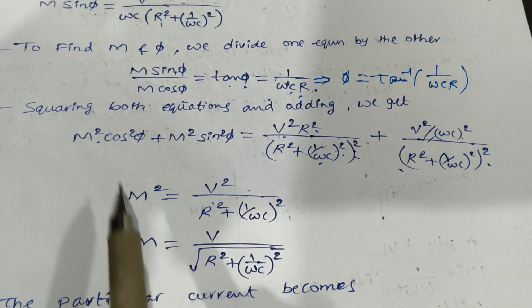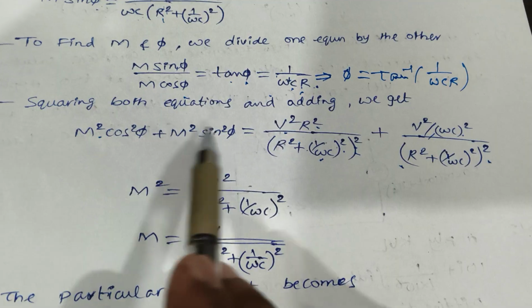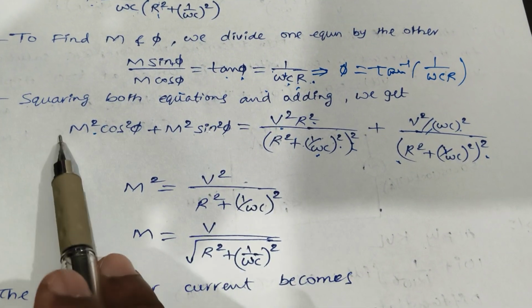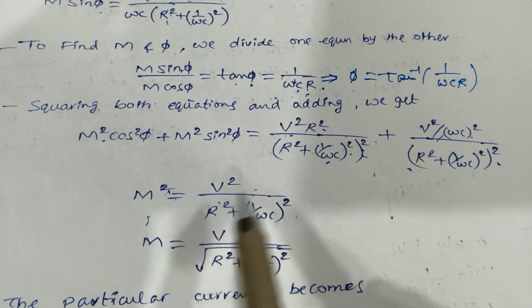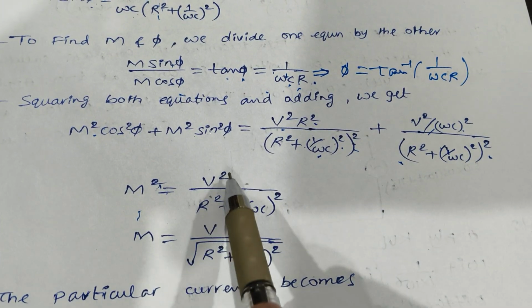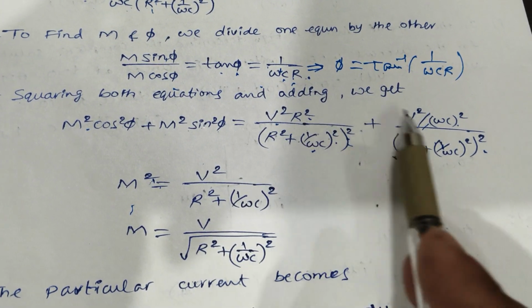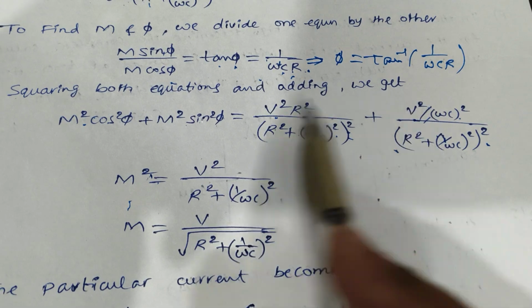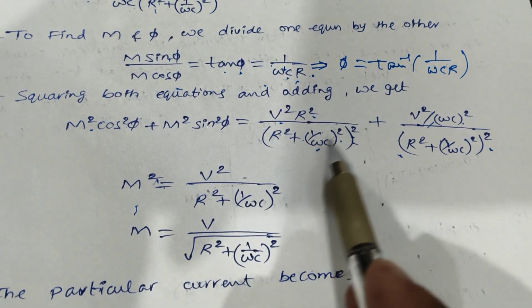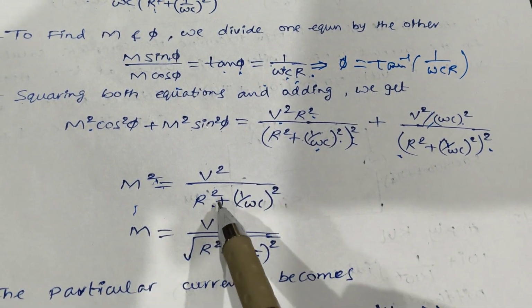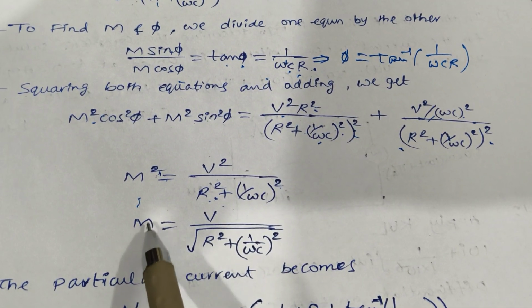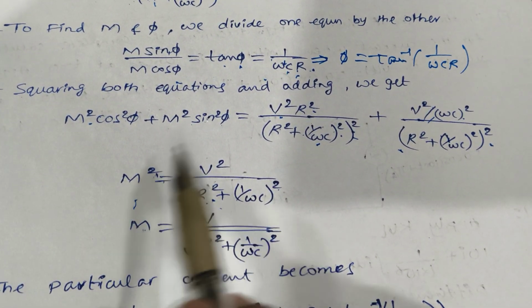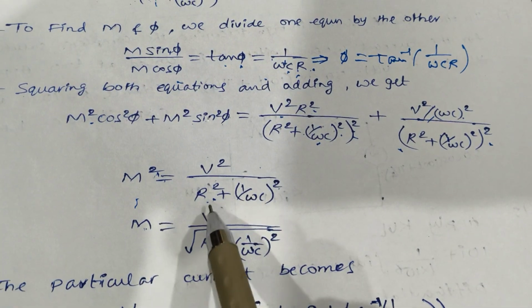So on the left side, cos square phi plus sin square phi is equal to 1, by taking this m square common, I'll get m square of 1. On the right side, you'll get only a single term, because by taking this v square common, the denominator one term will get cancelled, so you have only in the denominator r square plus 1 by omega C square. If you want to get the m, m is equal to, the square will go on the other side and will become square root.